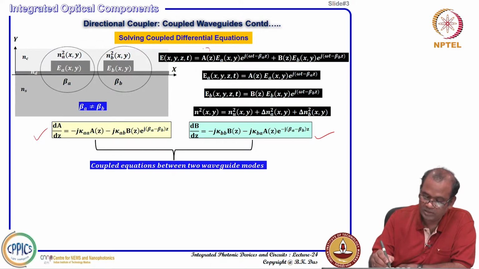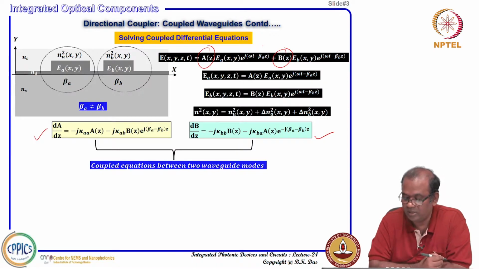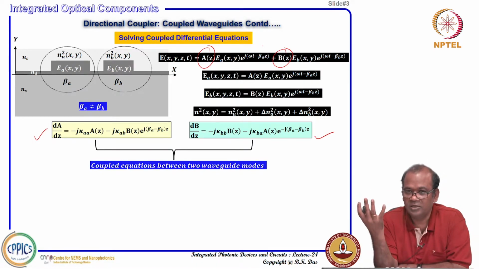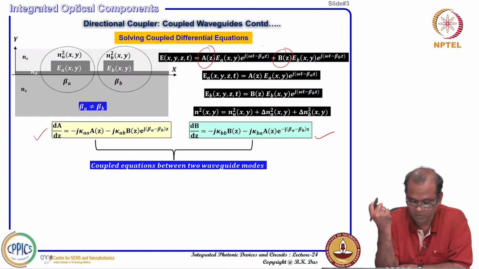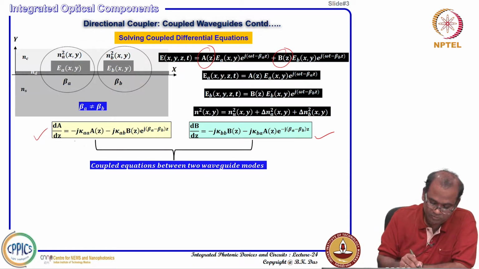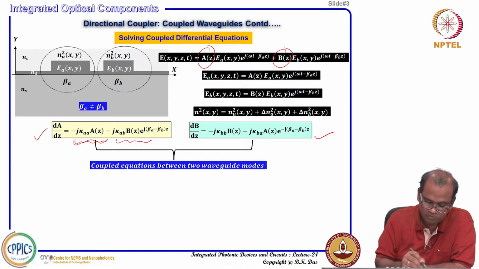Basically, how A and B are coupled will define the power or amplitude component present in waveguide A and waveguide B. This is the first term and this is the second term. In the first term you will note we have kappa AA and A(z).